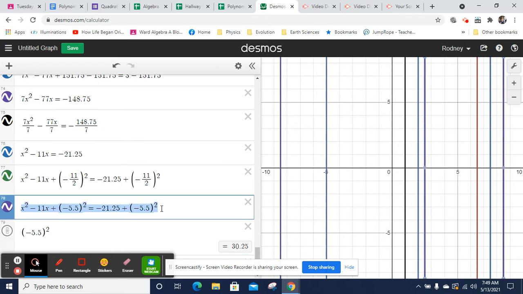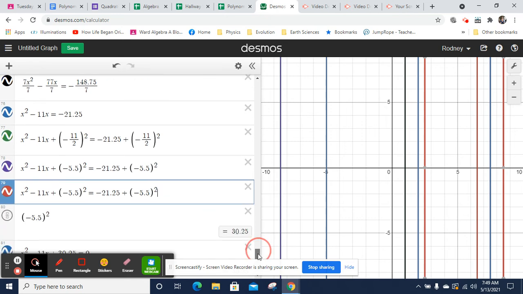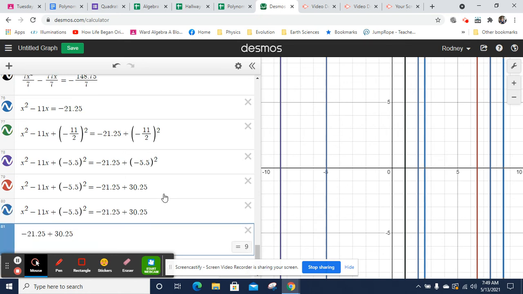On the left, I'm going to leave that as is. So that's 30.25. Okay, and I'll tidy that up some more. 30.25 plus negative 21.25 is 9. Cool. That's an easy number to work with.